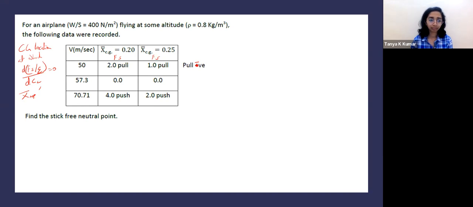So in this, we have Fs. We need to find out CL and Q, and then maybe we can try to find the slope, correct? So let's just make one table here. V, CL, Q, Fs1, this is Fs1 and this is Fs2.